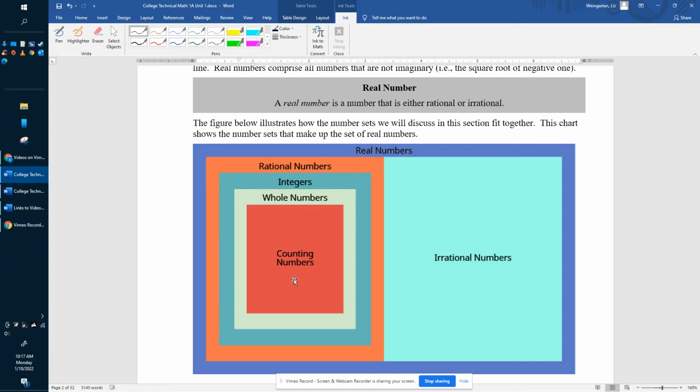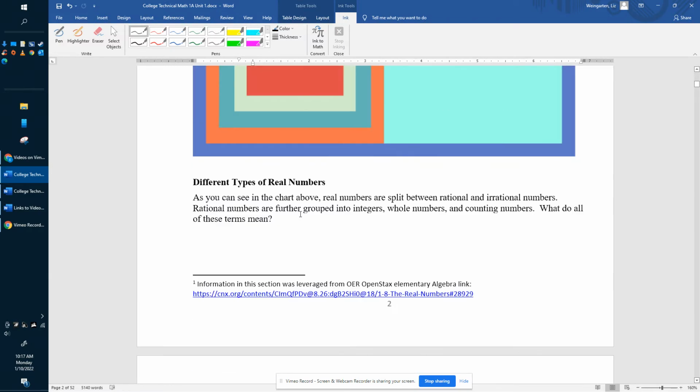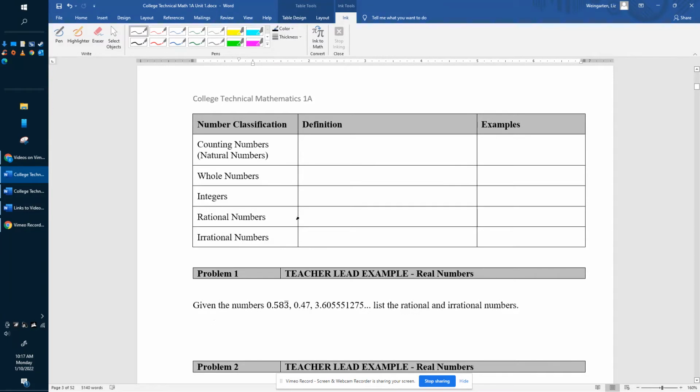And again, rational numbers include all decimals that are either finite or repeating. So let's move on and actually write down some definitions so that we have a good way of remembering these things. You may also see the counting numbers called natural numbers. Those two terms are completely interchangeable.